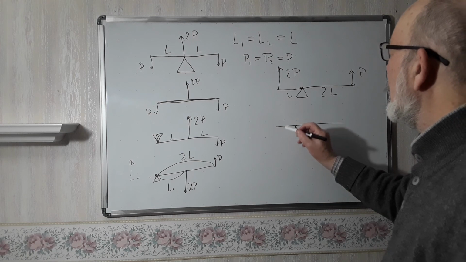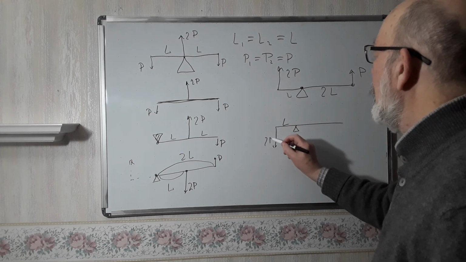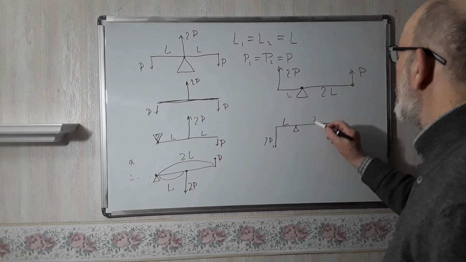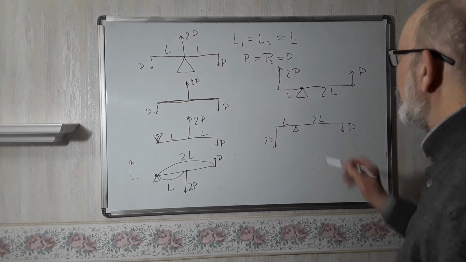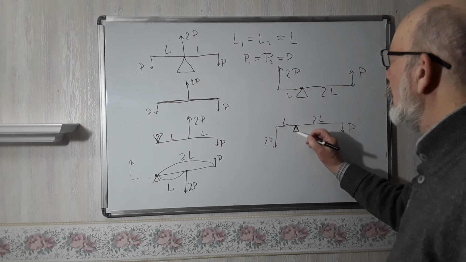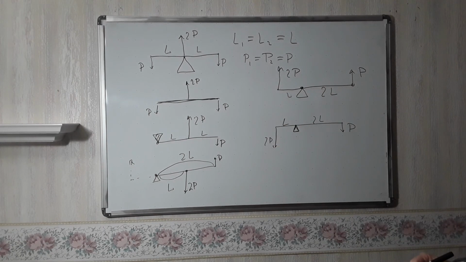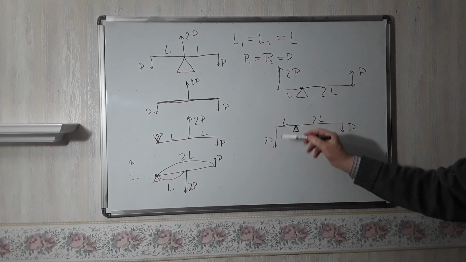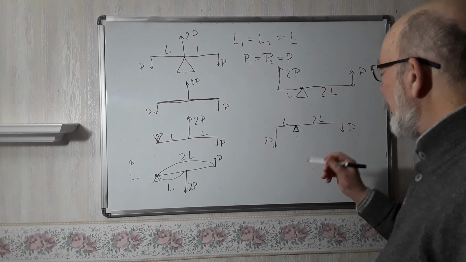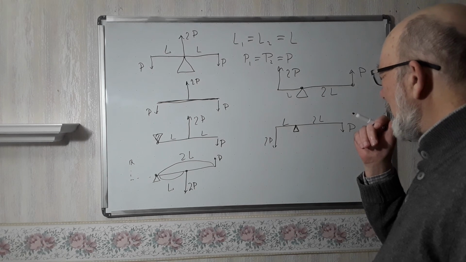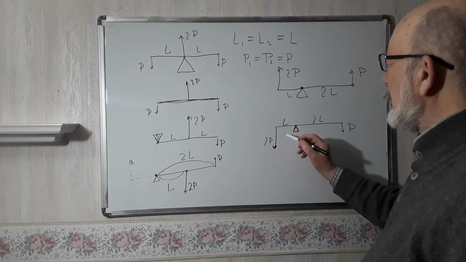So here it is L, it is 2P, and here is 2L, and it is P. And after these transformations, we arrived at a configuration which is just a particular case of the Archimedean situation.